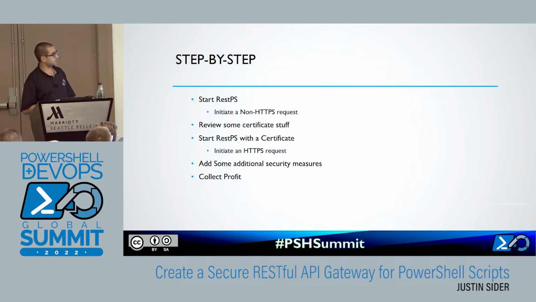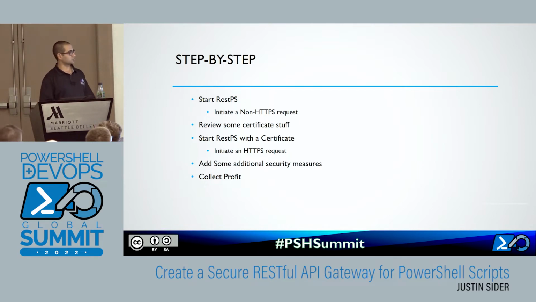All right, so step by step, today we are going to start REST-PS. We're going to do a non-HTTPS request just so you can see how it works. We'll review some certificate stuff. I'm not going to run that because I've already run it on my machine, and I don't want to mess up the demo. Then we will use the certificate that we reviewed, and we will start up an HTTPS endpoint.